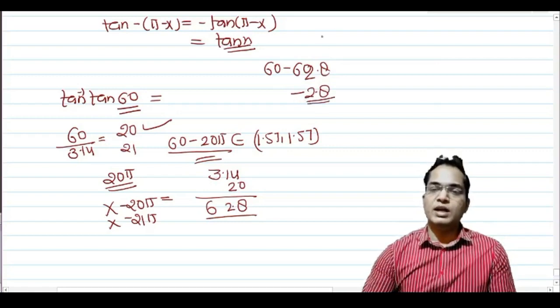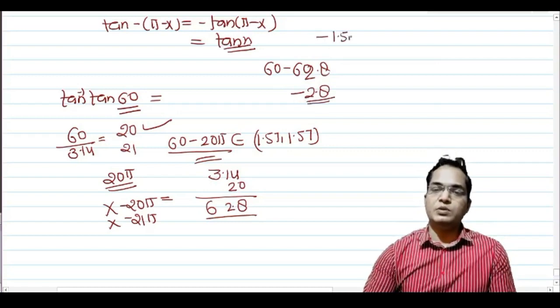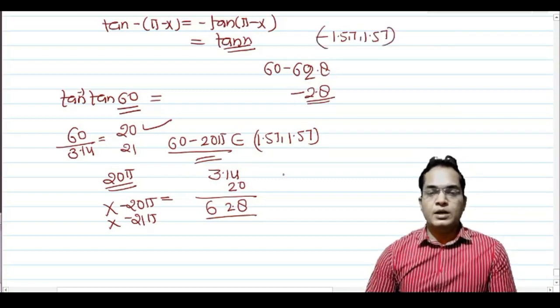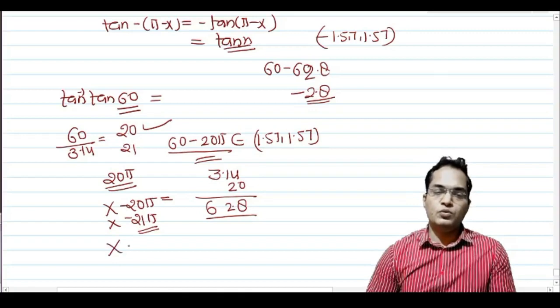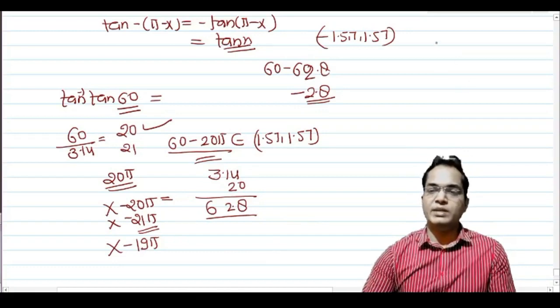But it does not lie between minus 1.57 to 1.57. That's why this is not our answer. Understand? Now we realize that if we increase this, then the negative number will also increase. That's why we have to go to x minus 19π.